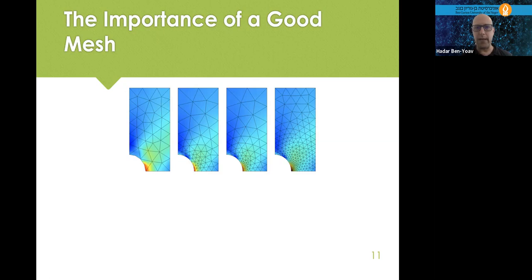Now, a good mesh means that you have big parts of mesh where you don't really expect to have any big changes that affect the simulation, and a very dense mesh where the area that you really think is going to change dramatically.